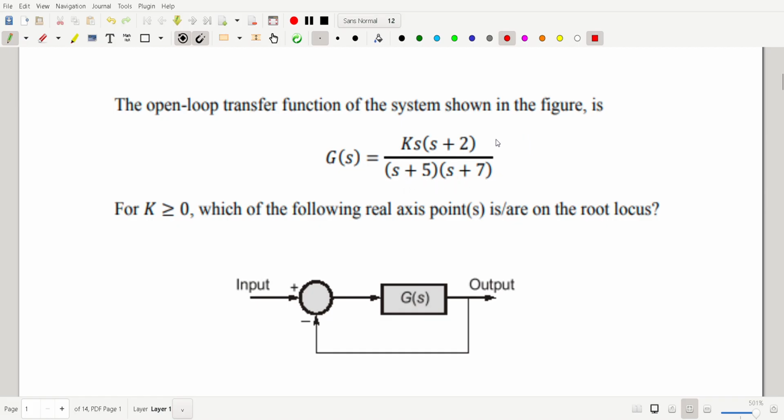As we know, the numerator polynomial gives the zeros, and the denominator polynomial gives the poles. So the number of poles is 2, and the number of zeros is also 2.